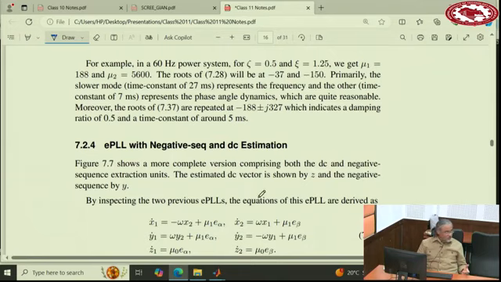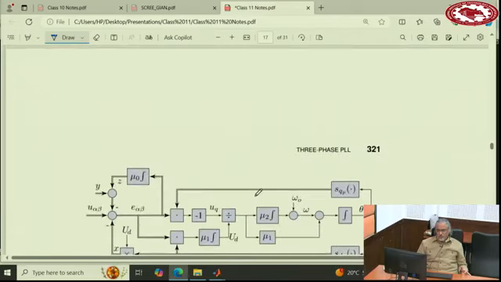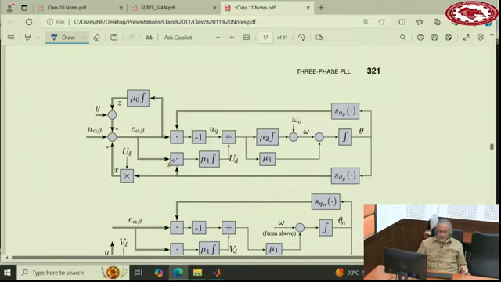Now, DC, we said before, is important in PLL. We don't want to ignore that. If you want to handle DC, you need to add this branch. So you take the error. If there is a DC here, that DC comes here. So you take that DC, integrate it, bring it back here, and add it to the negative sequence. So now the DC, the negative sequence, and then come here.